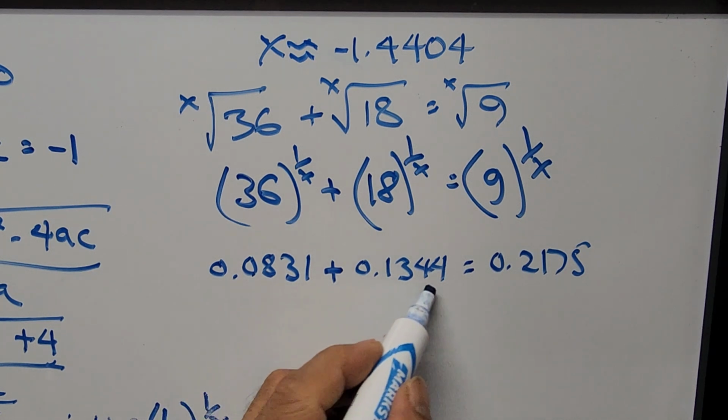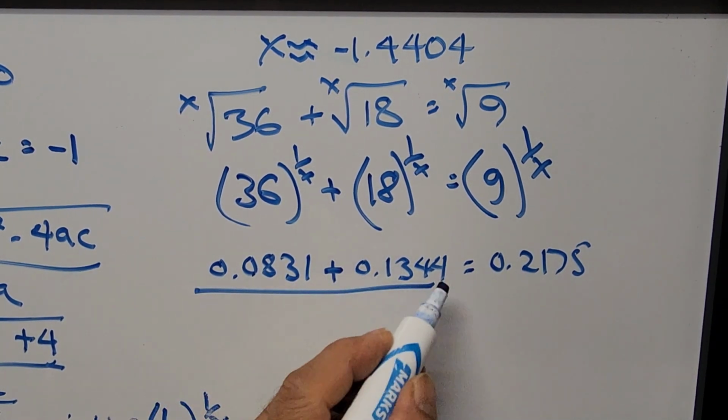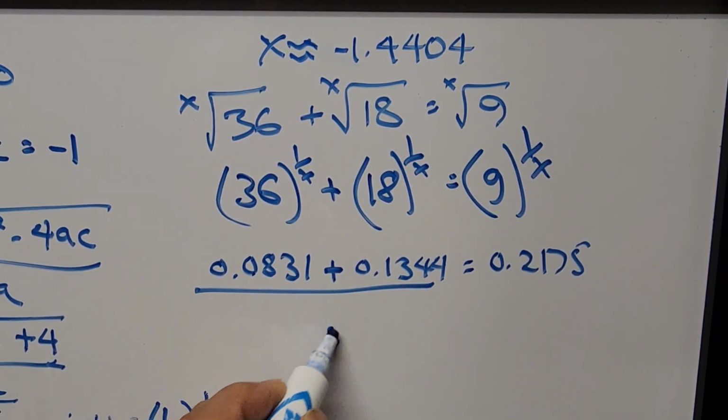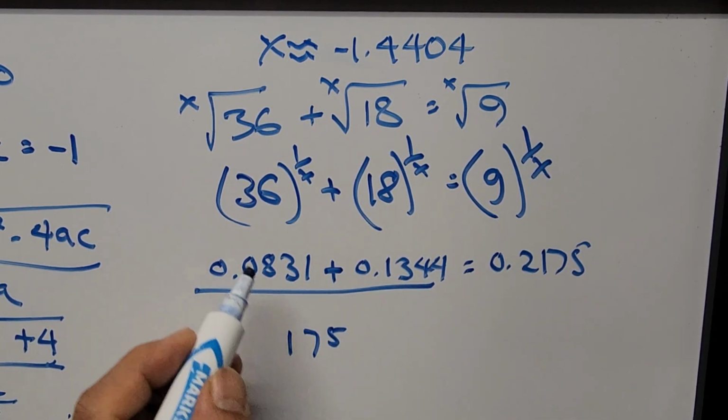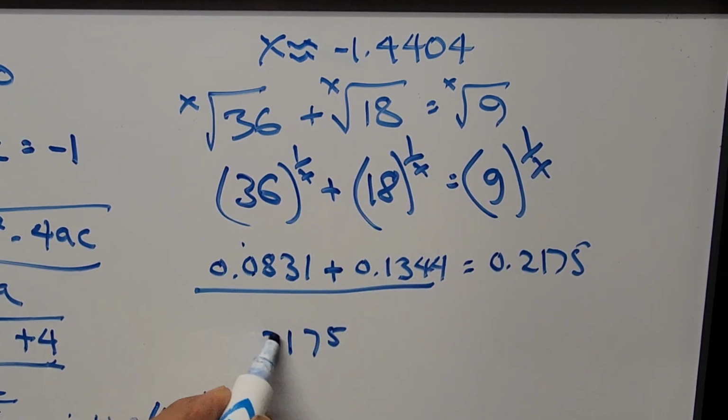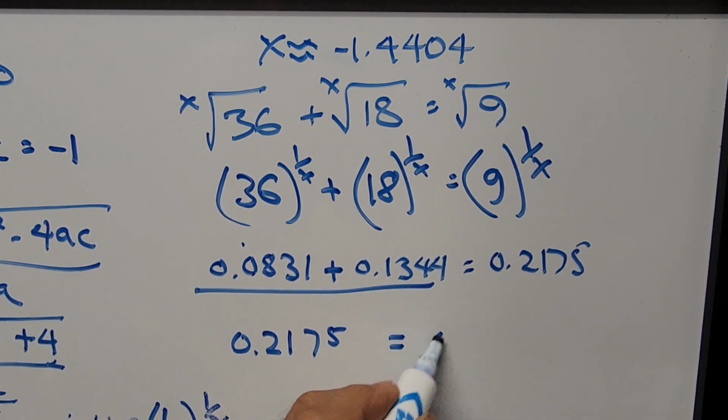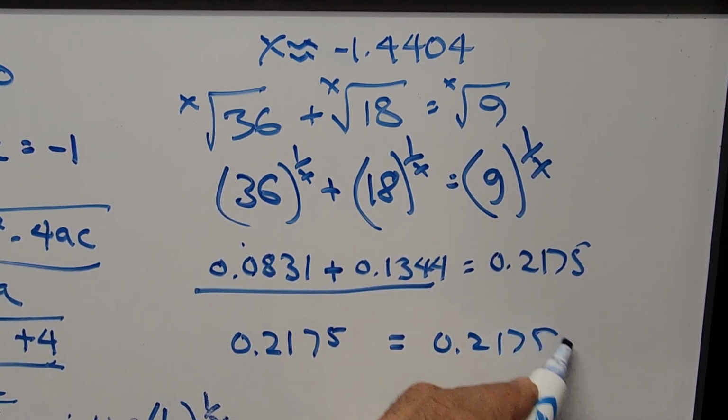And if we sum these two up, 0.0831 plus 0.1344 gives 0.2175, so 0.2175 is equal to 0.2175.